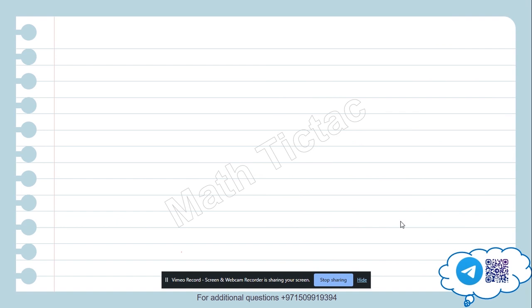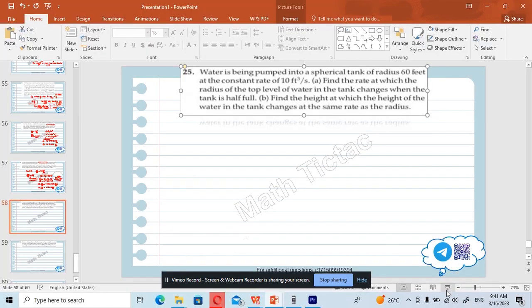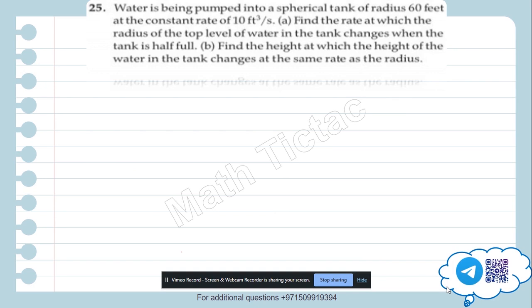So how to do that? What relation can I use for finding dh over dt? For that, we can use the rule called the volume of a spherical cap.